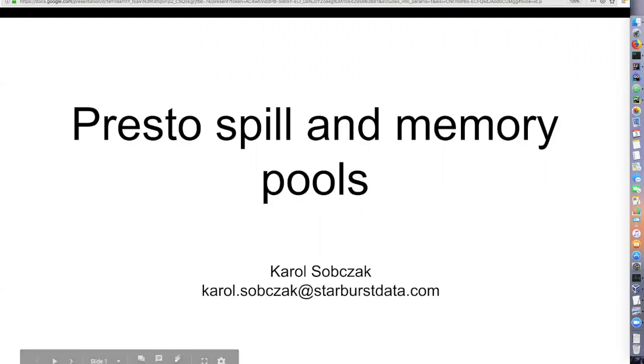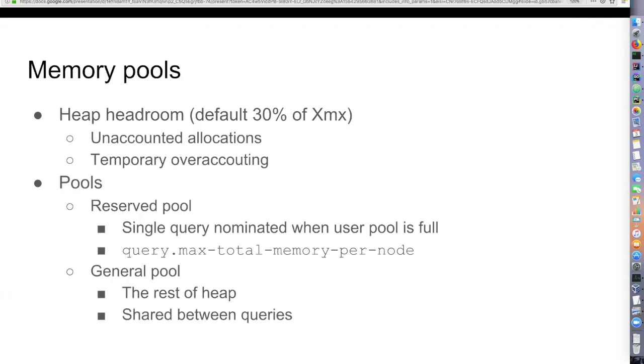Yes. Okay, so hello, my name is Karol Sobczak from Starburst Data, and I will give a short presentation about the spills and the memory pools and the purpose of those. So currently in Presto, the Presto heap memory on the worker node is divided into a few regions.